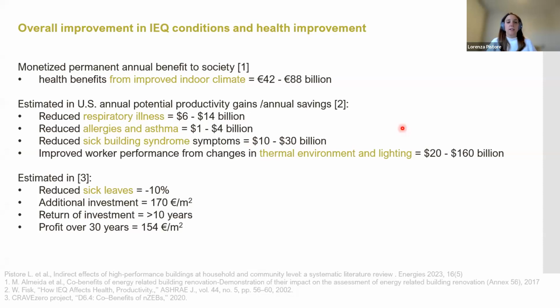It is very important to understand, and make stakeholders understand, the importance of these co-benefits related to, for example, the improvement of indoor environmental conditions and health. Here, just for your reference, I put a few examples of studies that have actually quantified the benefits coming from an improvement in indoor environmental quality. For example, in this work, they quantified health benefits from improved indoor climate between 42 and 88 million euros per year.